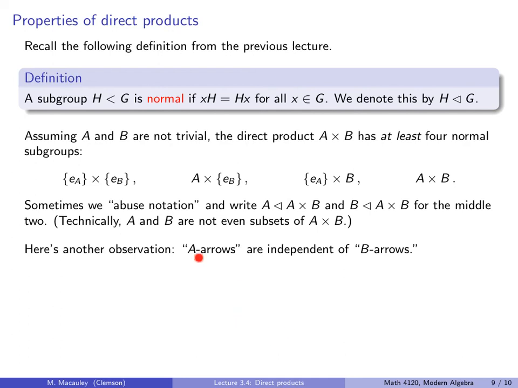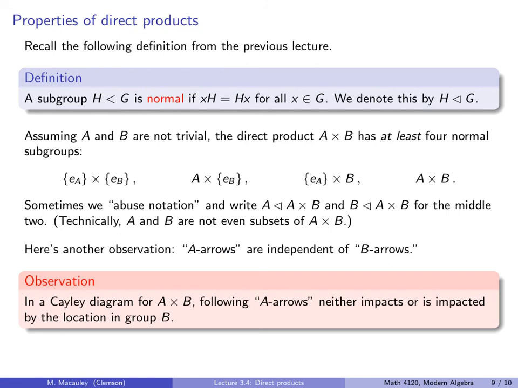So things in A commute with things in B. That's the casual way to say this. So let's highlight that as a main observation. In a Cayley diagram for A cross B, following A arrows neither impacts, nor is impacted by, the location in group B. And this is if you think about it using that inflation method that we did in the previous slide.